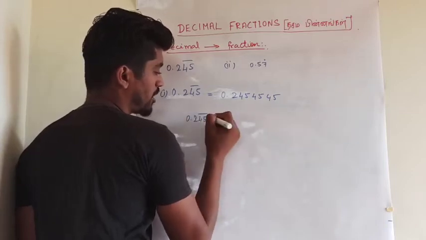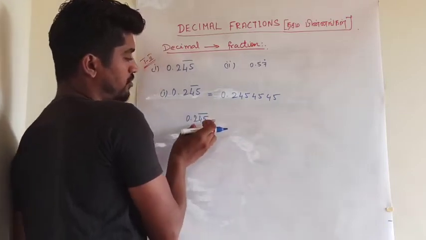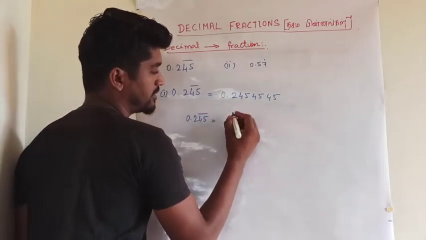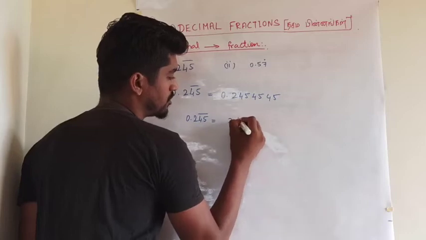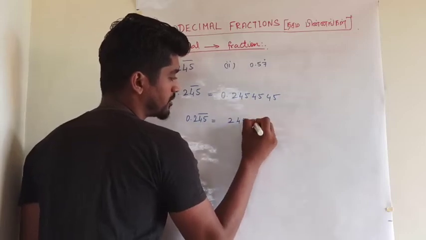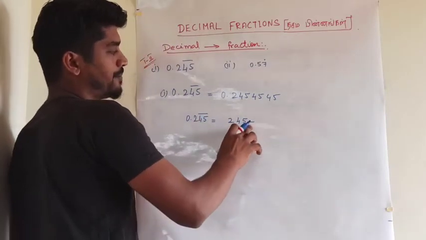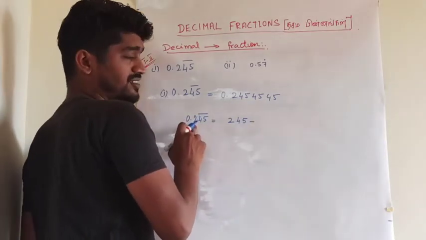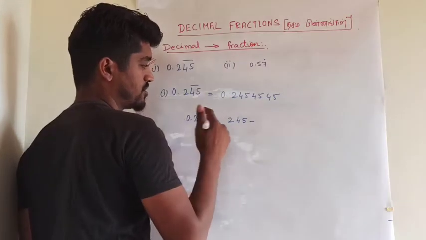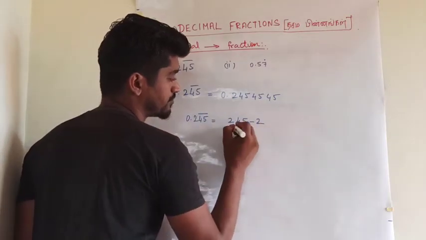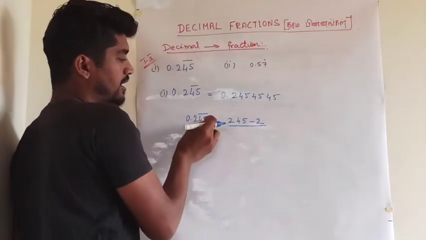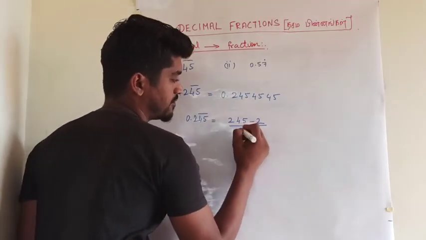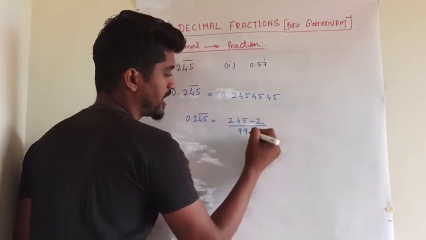Now we are going to convert the decimal into the fractional value, 0.245 bar. For this second type, we have to write the value 245 minus the value which does not have the bar, so 2, divided by, here 2 digits have the bar value, so we have to write 2 times 9.